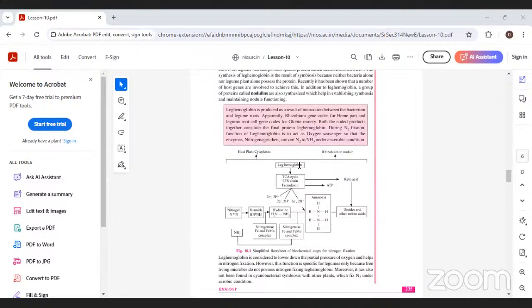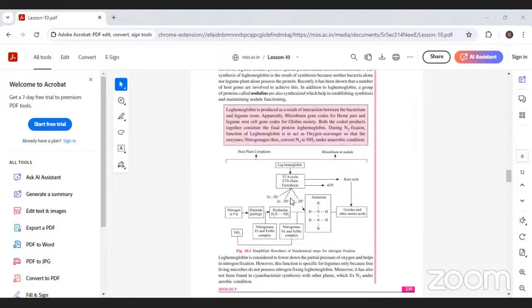This is the nitrogen iron molybdenum complex. This is the simplified flow chart of biochemical steps for nitrogen fixation.